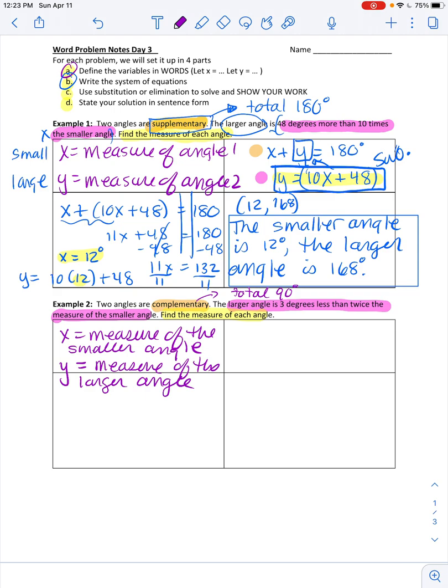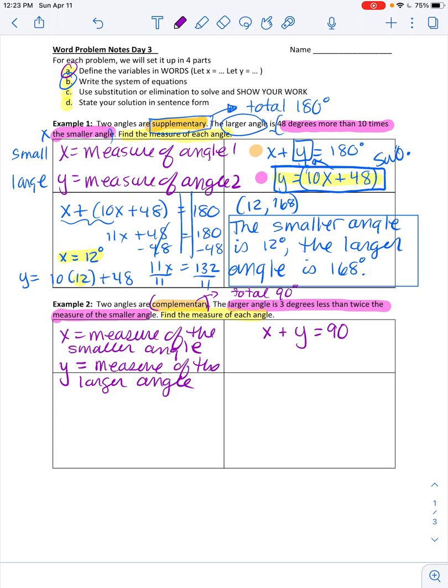So I need some relationships. The first one's easier. Complementary, they total 90. So the measure of the small angle plus the measure of the large angle has to add up to 90 because they are complementary. That one's easy peasy compared to the second one.